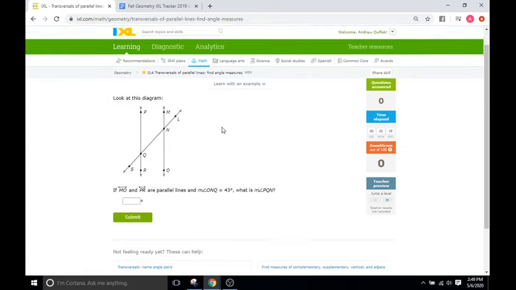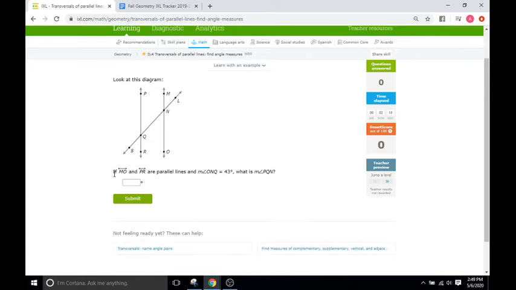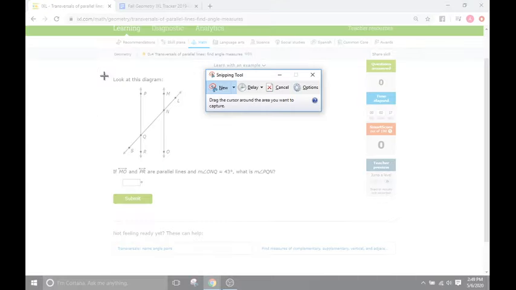Okay, so we have our diagram here, and we have our question down here that gives us the information we need. If line MO, so right here, and PR right here, are parallel lines, which they are, and the measure for angle ONQ is 43, what is the measure for angle PQN? So I will snip this.